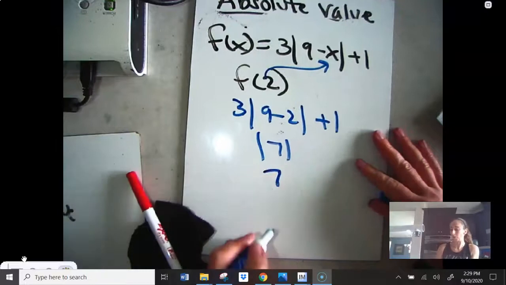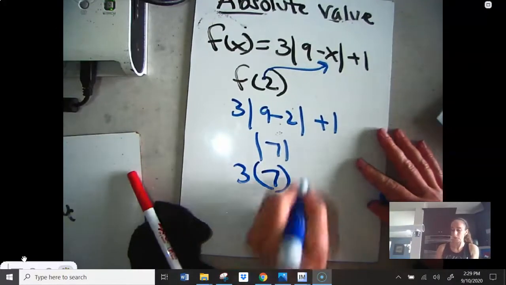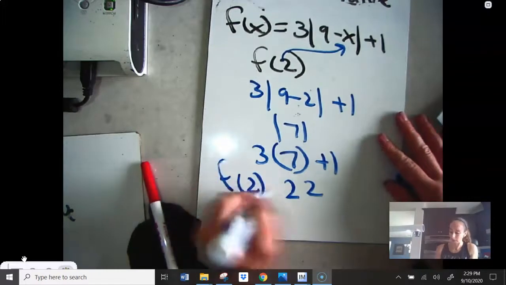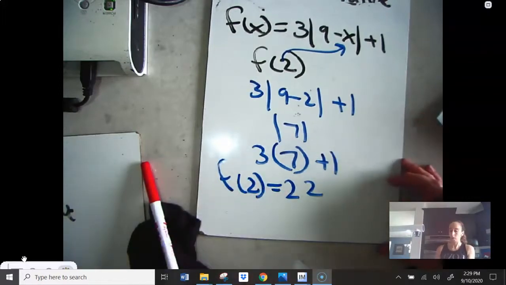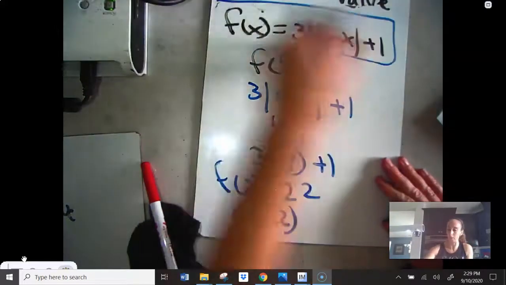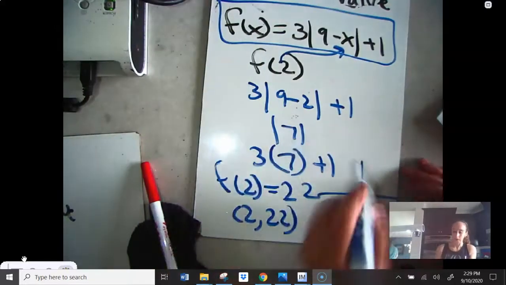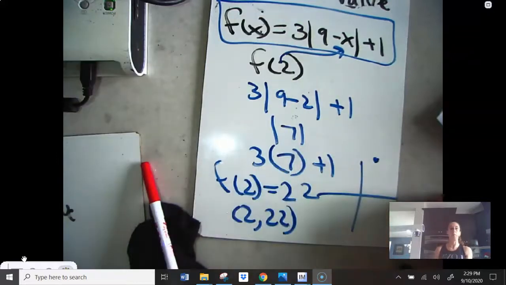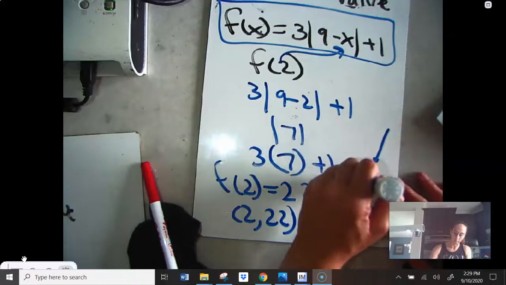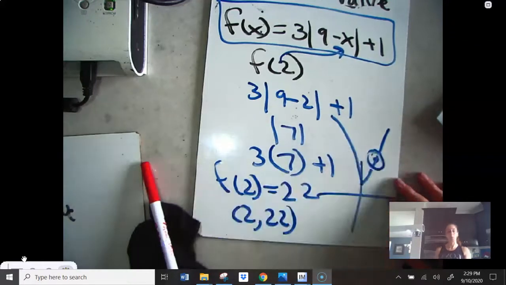The absolute value of 7 is 7. Times 3 plus 1 is 22. That means f of 2 equals 22. What does that mean? That means that if you put this in Desmos and you graphed it, 2 comma 22 would be part of this V. So I'm just making it up, right? I don't know. And that is where it would cross.